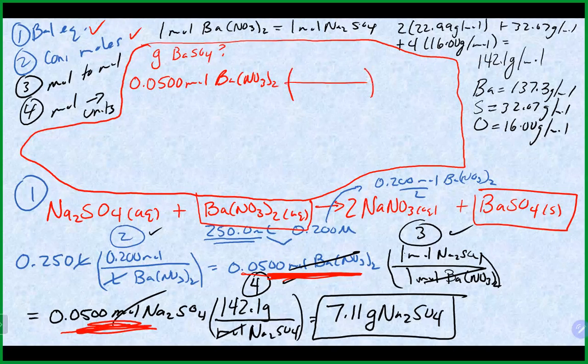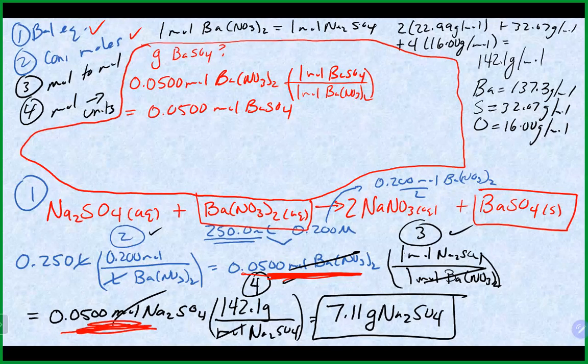So that's going to give us 1 mole of barium nitrate from the equation. Gives us 1 mole of our barium sulfate. And that means that we will end up with 0.05 moles of barium sulfate. That would be the theoretical yield, as that's a product in moles.